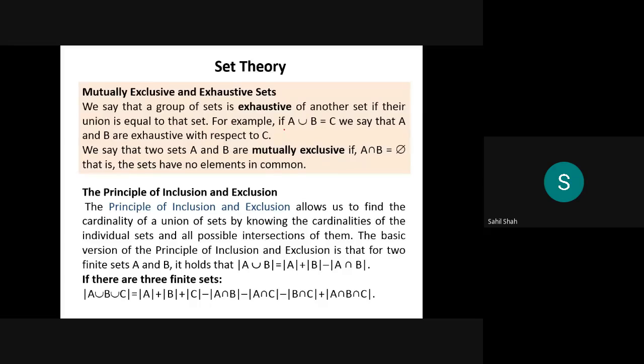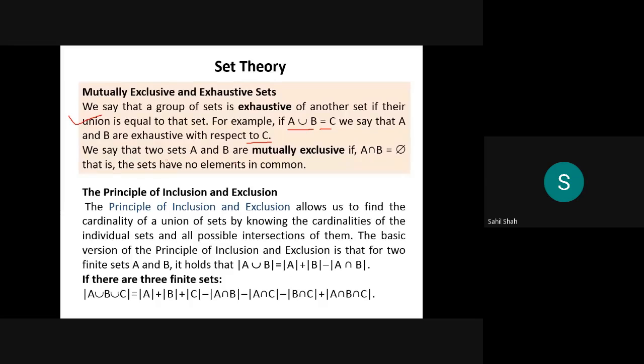For example, if A union B is equal to C, we say that A and B are exhaustive with respect to C. Let us say there are three sets A, B, C. We are taking the union of two sets A and B, and if the result of the union of A and B is exactly equal to the third set C, we say that set A and set B are exhaustive with respect to set C. A new concept, the exhaustive set.